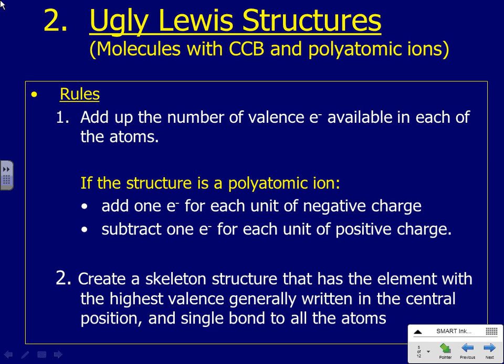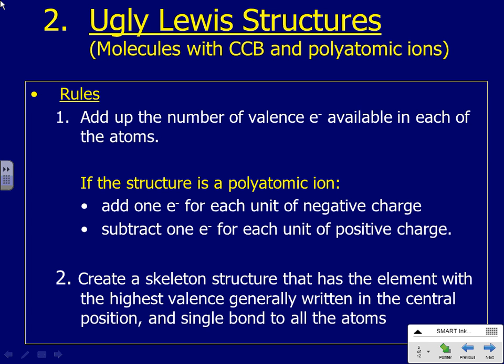Rule number 1, add up the valence electrons for each of the atoms. And if it's an ion, you have to add an electron for each unit of negative charge and subtract an electron if it's positive. So what did I write down here? I just put total valence electrons, add an electron if negative, subtract electrons if positive.